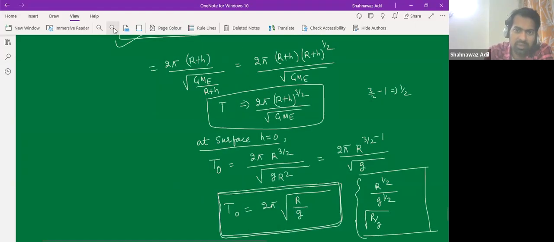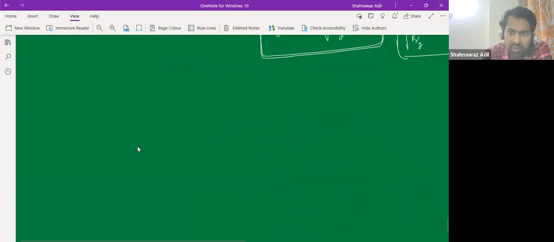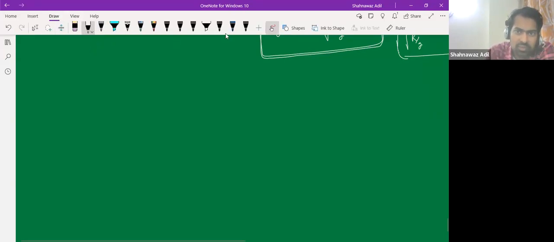Now let us calculate the energy of the satellite, right? So the satellite has some orbital velocity, and this is the last topic, energy of satellite.